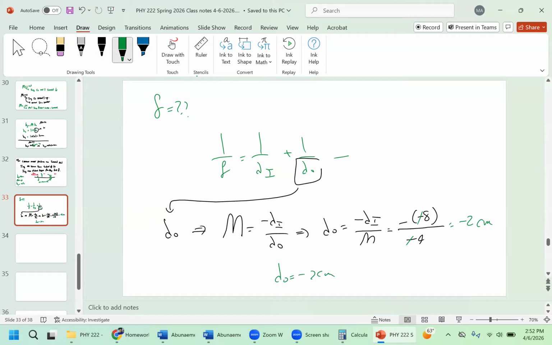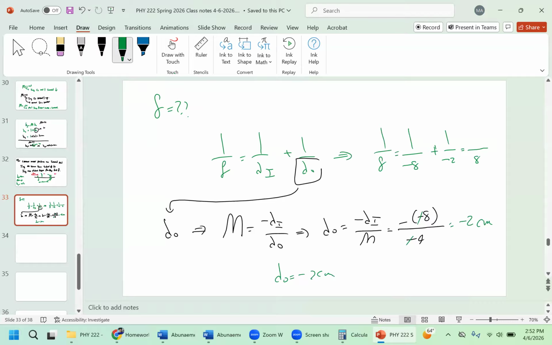That means, in this case, 1 over f is going to equal 1 over minus 8 plus 1 over minus 2, which, if you do it, what do you get? Over 8, 1 divided by 1, it'd be 1.